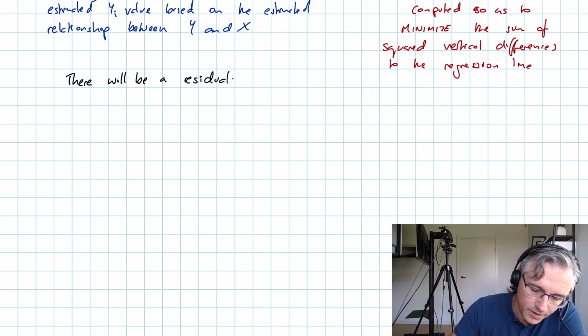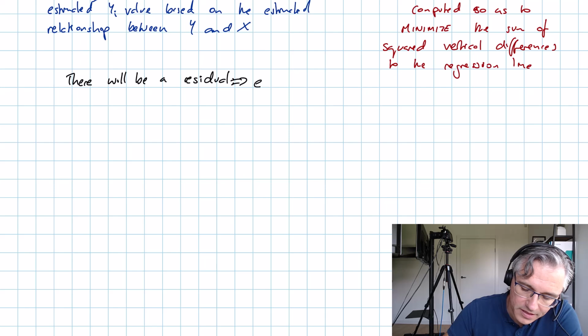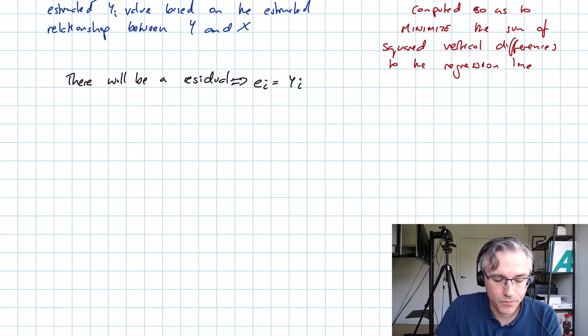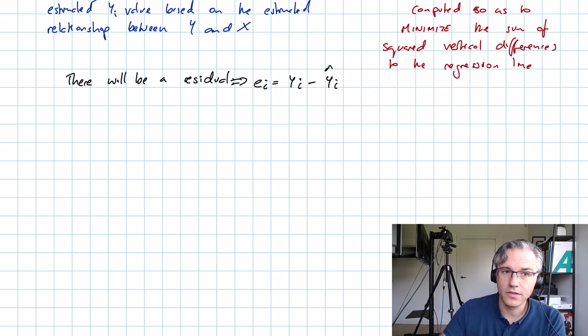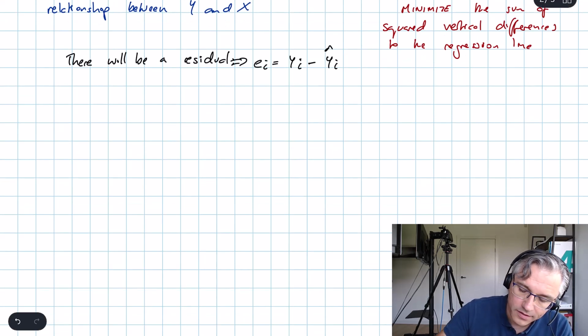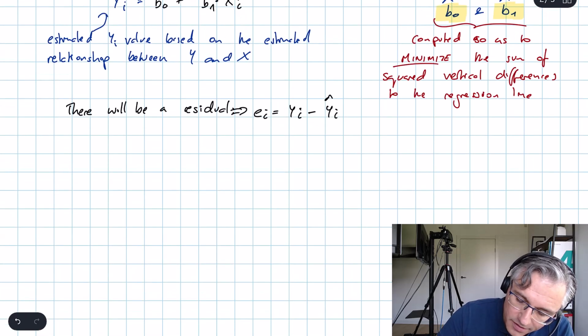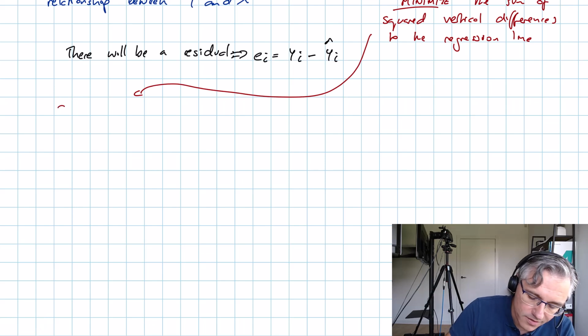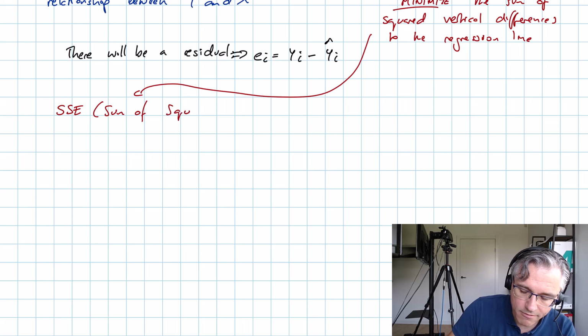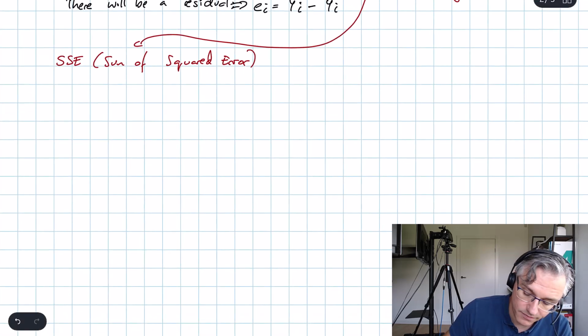And that residual is labeled ei, and it's the difference between the observed y value and that predicted from the regression model that you build. But our job in minimizing the sum of the squared vertical differences is basically to minimize something called SSE. This is the sum of squared error. Why we square is something that we explained in the previous video.